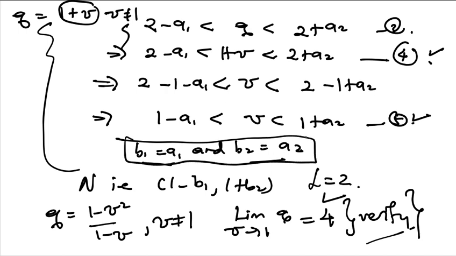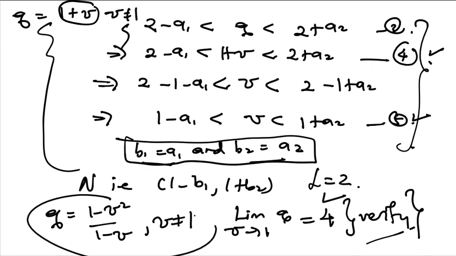I didn't write it, but I did mention it by talking to you just now. So those things must be put into writing. Otherwise, it's just maths without explanation, and then I don't know whether you have verified that the limit L equals 2 really exists or not for q equals this function.